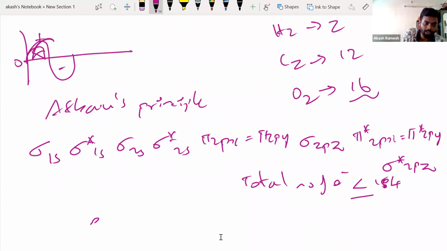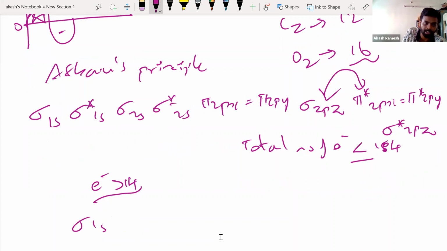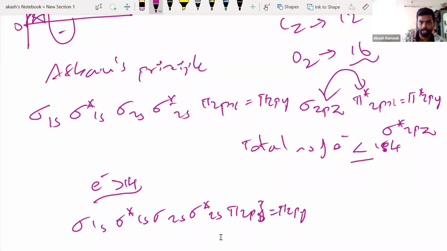If the electron count is greater than 14, from 15 onwards, all you have to do is interchange just these two. So if I write it properly, it is going to be sigma 1s, sigma star 1s, sigma 2s, sigma star 2s. I'm so sorry, this is not the thing which you have to interchange.